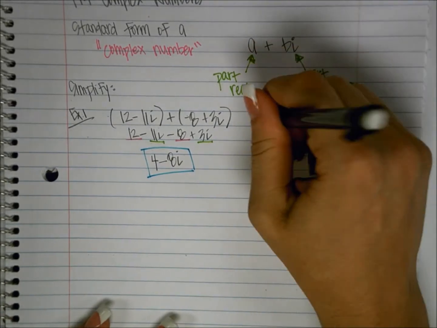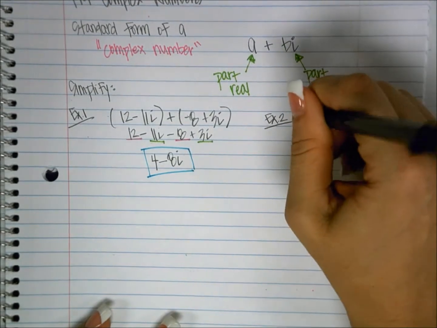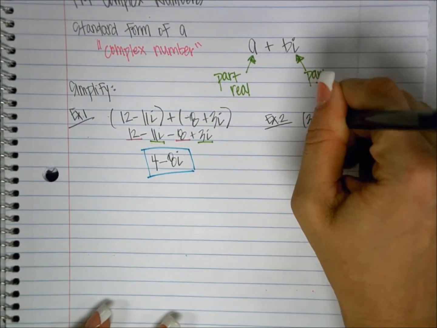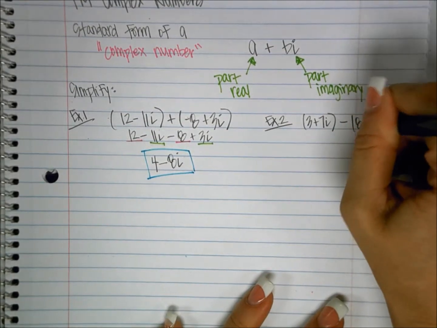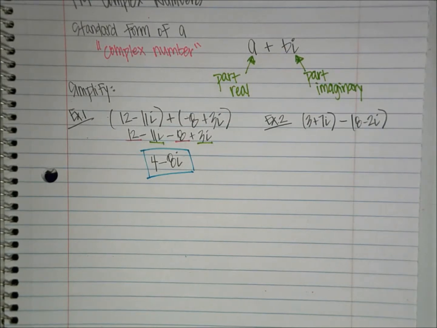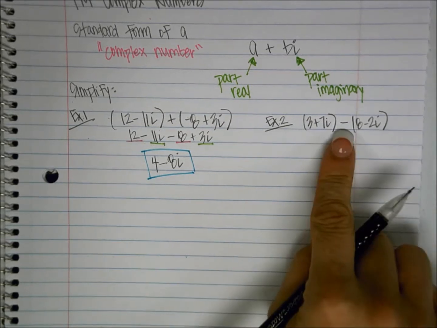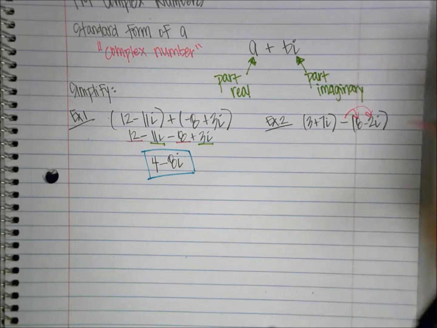Okay, try another one. For number 2, same thing. I still want you to simplify 3 plus 7i minus 8 minus 2i. Really all this is telling you to do is distribute the negative. So when you drop the parentheses, distribute the negative.